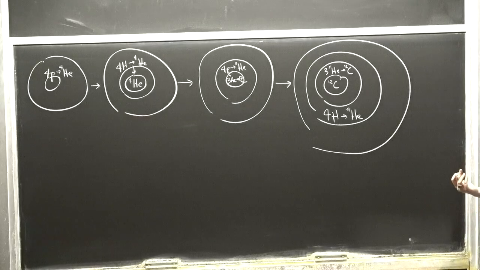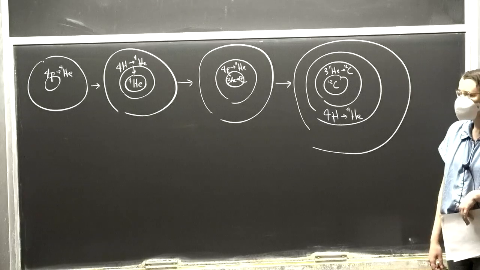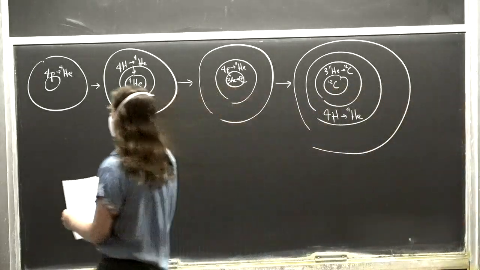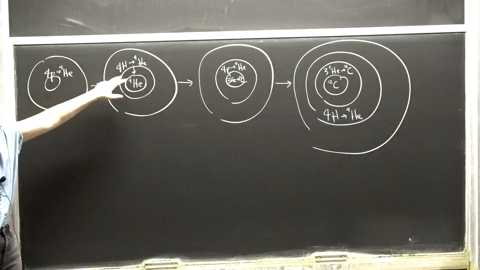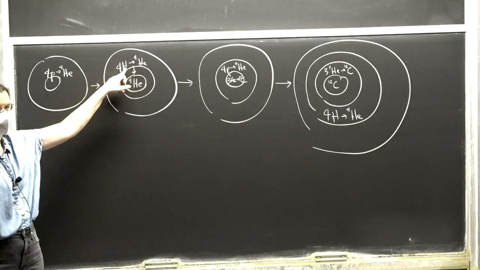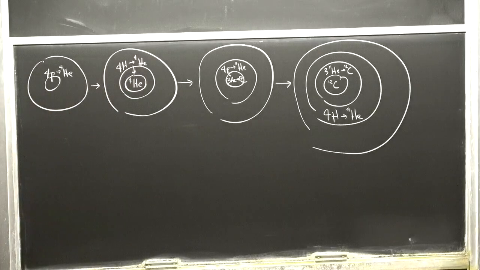So what we've been talking about, towards the end of my lecture yesterday, is what happens when stars leave the main sequence. First they're on the main sequence, and in the core, you're taking 4 protons and making helium. I started calling them hydrogen atoms over here, but please forgive the notational inconsistency.